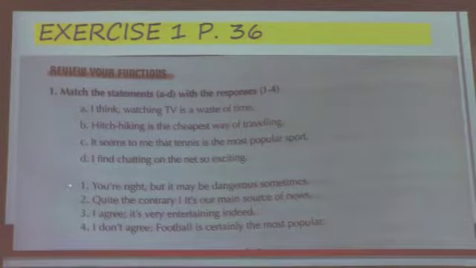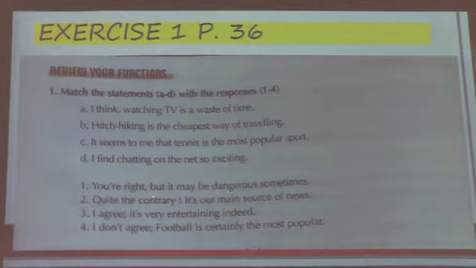Yes, the responses are here. You are right, which means you agree with the statement. You are right, but it may be, maybe, possibility here, but it may be dangerous sometimes. It's not dangerous all the time, but sometimes. Here, quite the contrary, okay?